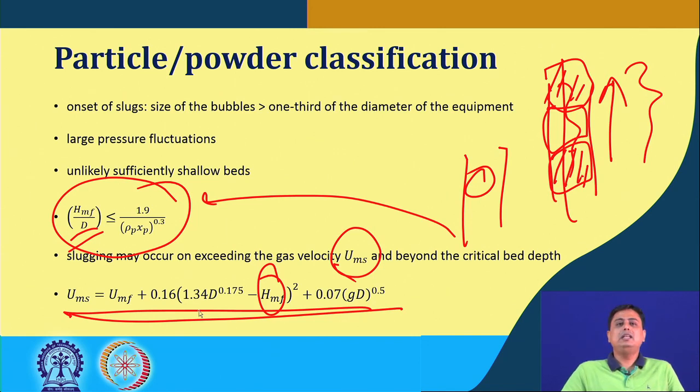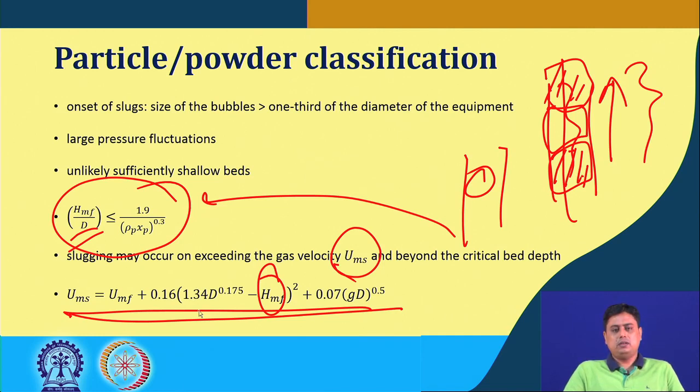So these are the strict conditions that if we maintain, we can avoid the slugging operation, which is detrimental for the whole operational safety, because there are larger pressure fluctuations.